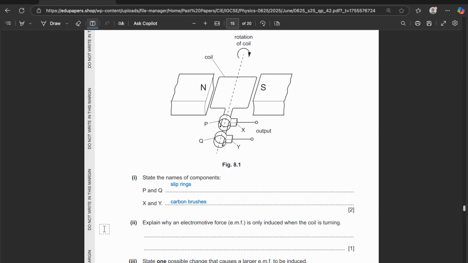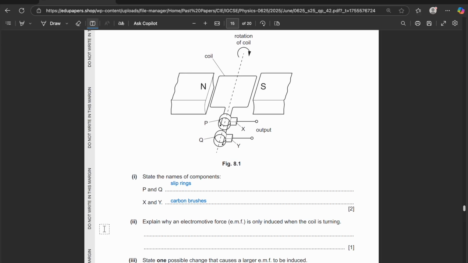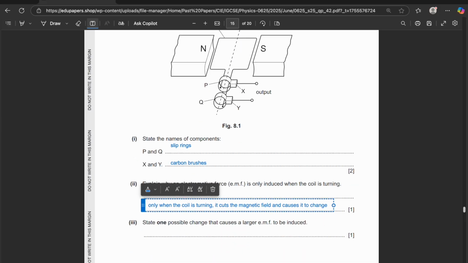To explain why an electromotive force is only induced when the coil is turning: only when the coil is turning, it cuts the magnetic field and causes a rate of change of magnetic field.